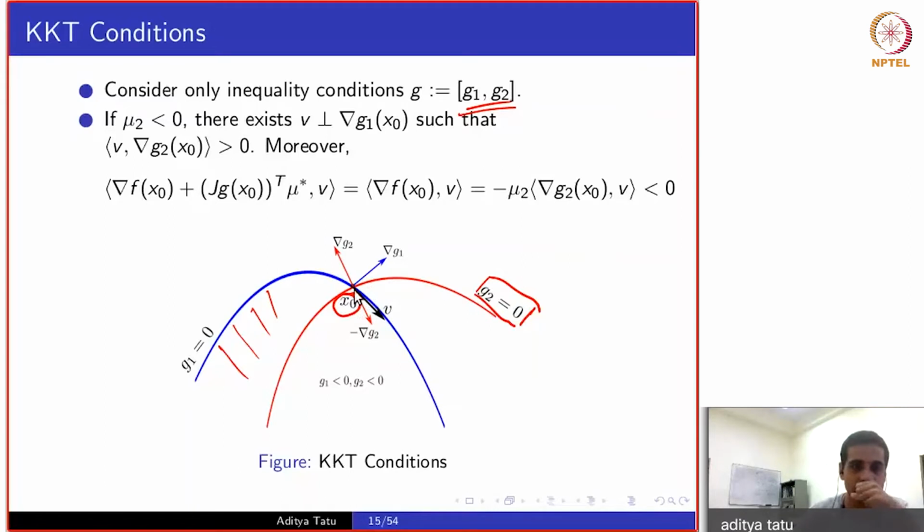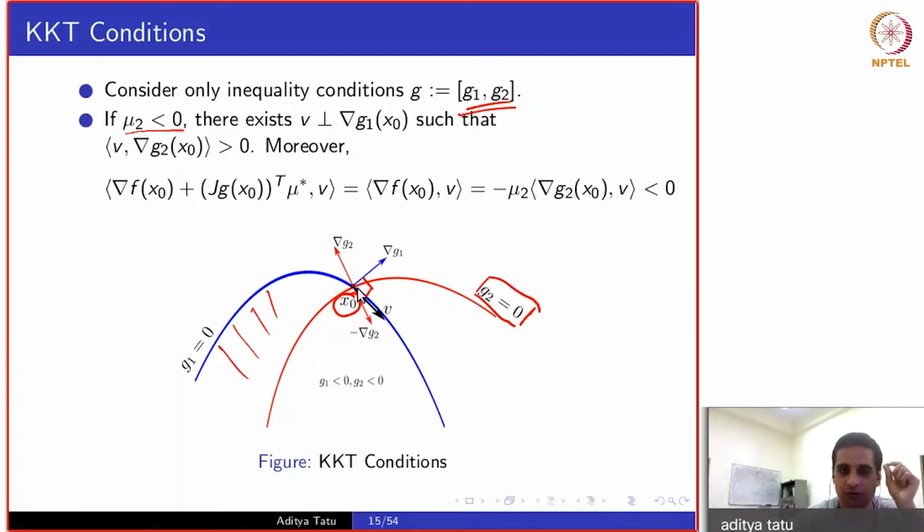Okay, so let's assume by contradiction mu2 is negative. Then there exists a direction v shown by this black vector here, right? The main defining characteristic of v is that it is orthogonal to the gradient of g1 at x0.